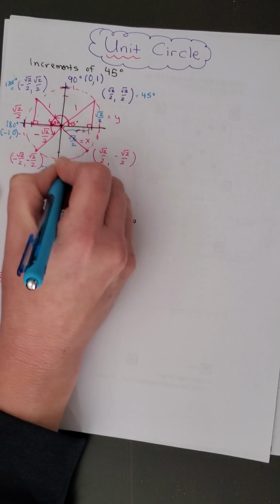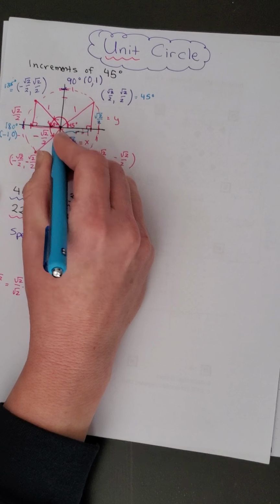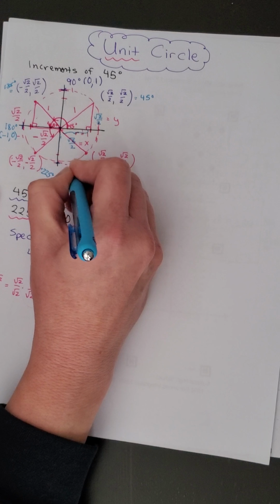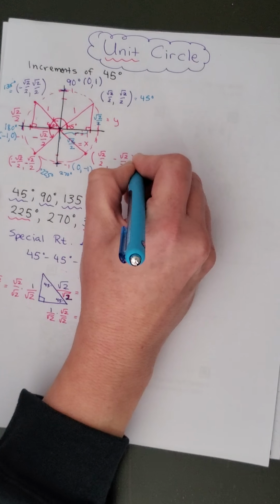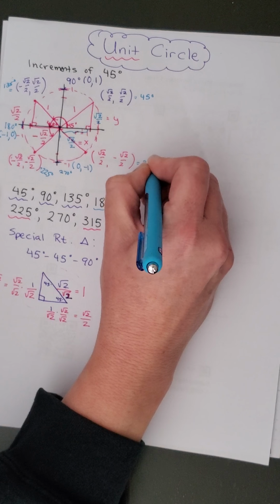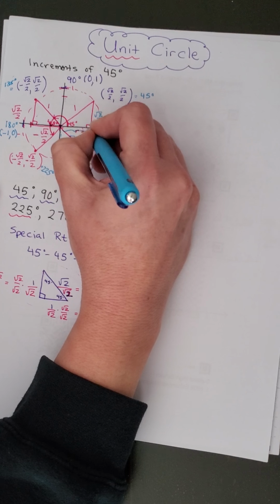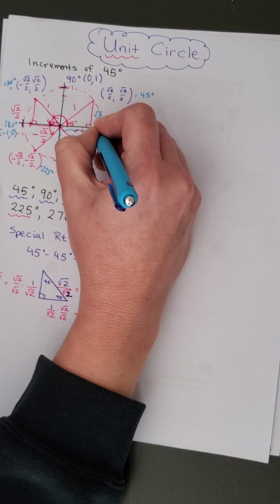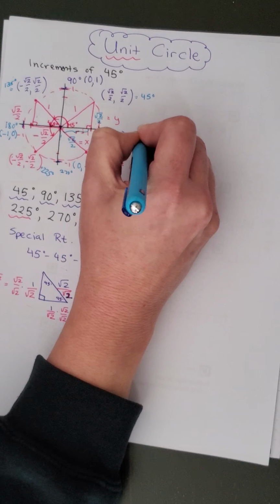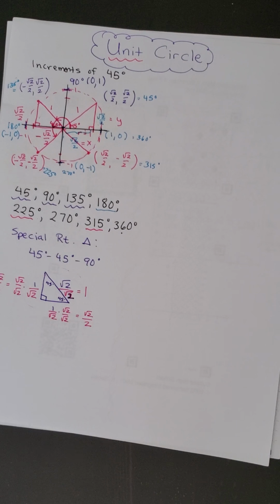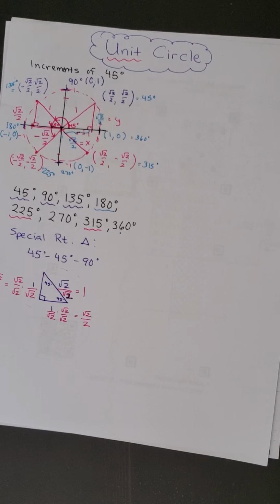Right here we're at 270 degrees. At 270 degrees, our x coordinate would be 0 again, and our y coordinate would be negative 1. This one is 315 degrees. And then back at 360 or 0 degrees, we would be at 1 for x and 0 for y. And this would be 360. So those are the 45-45-90s on the unit circle.